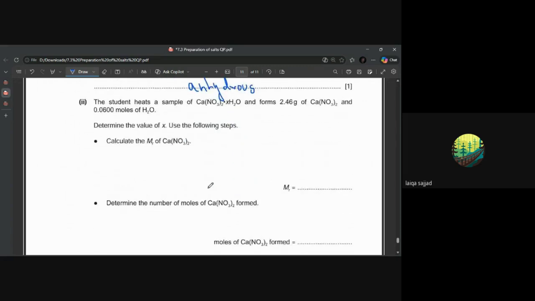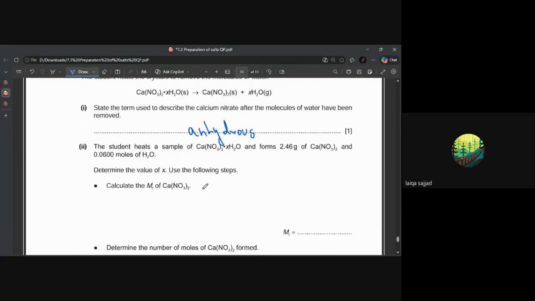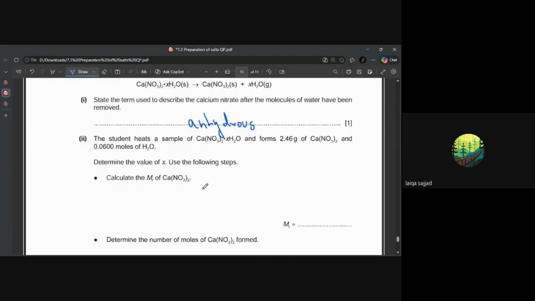The student heats a sample of the salt and forms 2.46 grams of calcium nitrate and 0.060 moles of water. Determine the value of x. You're already given the steps. You have to calculate the molar mass of calcium nitrate.